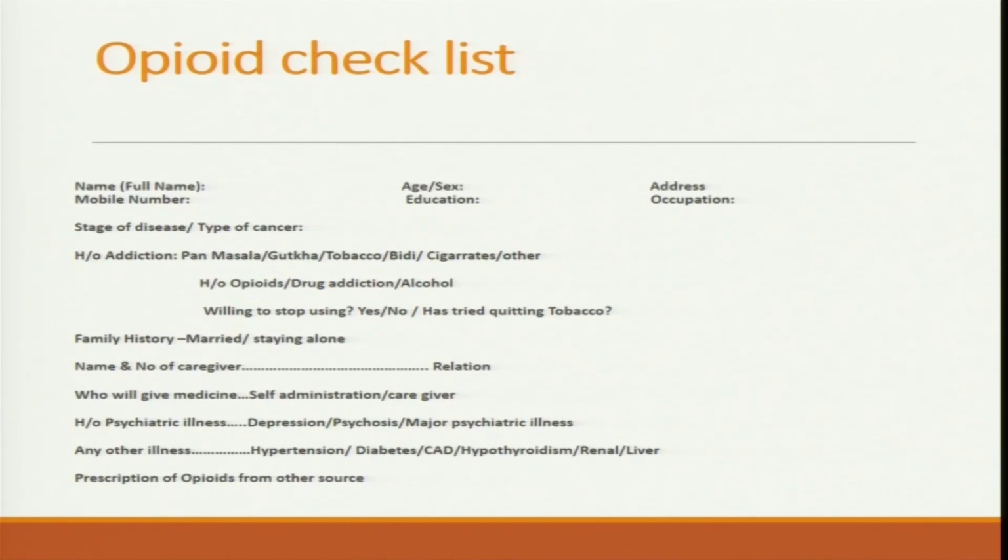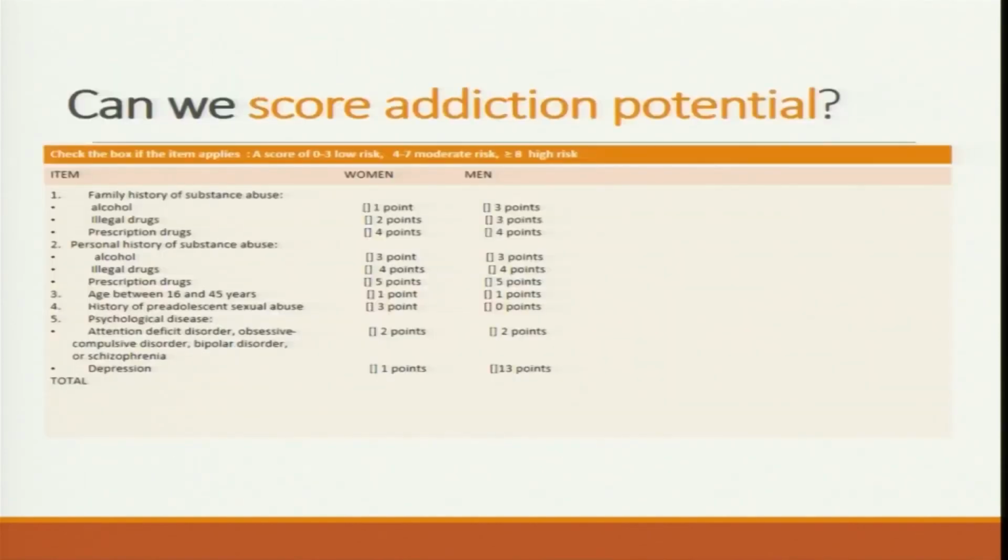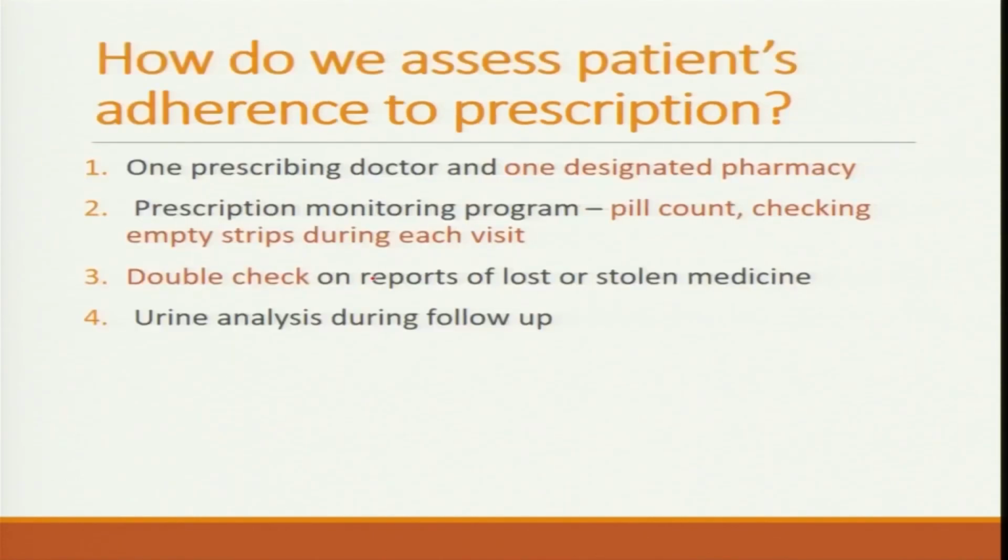First of all, the opioid checklist, which is filled up during the first visit of the patient, using tools, as I said in the previous lecture, and this questionnaire, where a history of addiction in the family, alcoholism, illegal drugs, prescription drugs, alcohol abuse, all this history needs to be taken and given a score.